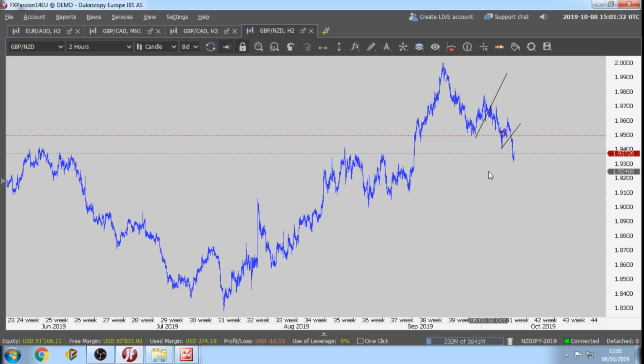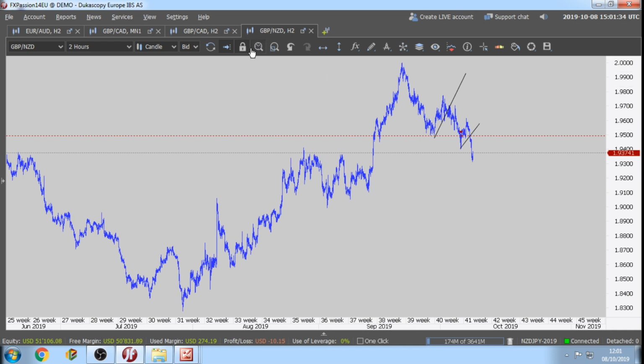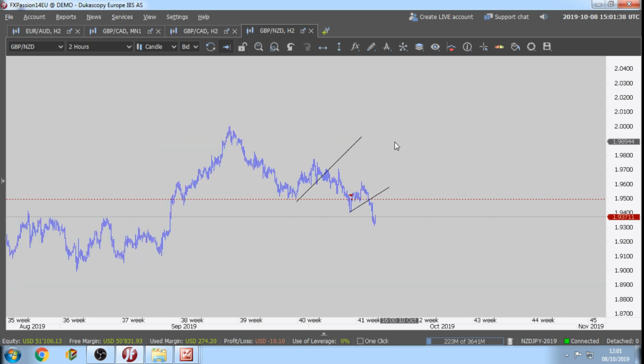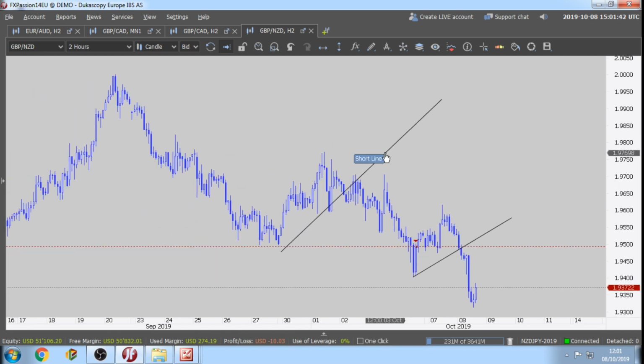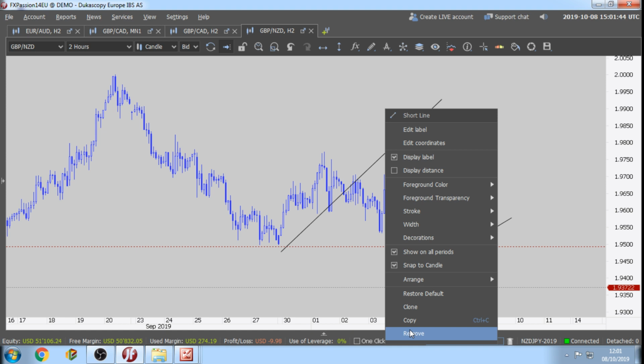Now, Miguel, are you here? Hello, Miguel. You were asking me about how to delete. Well, I'm going to go with my mouse on the trend line, right click, and you have remove down here. Can you see, Miguel? Right click on the trend line, it's just an example, and you have remove.